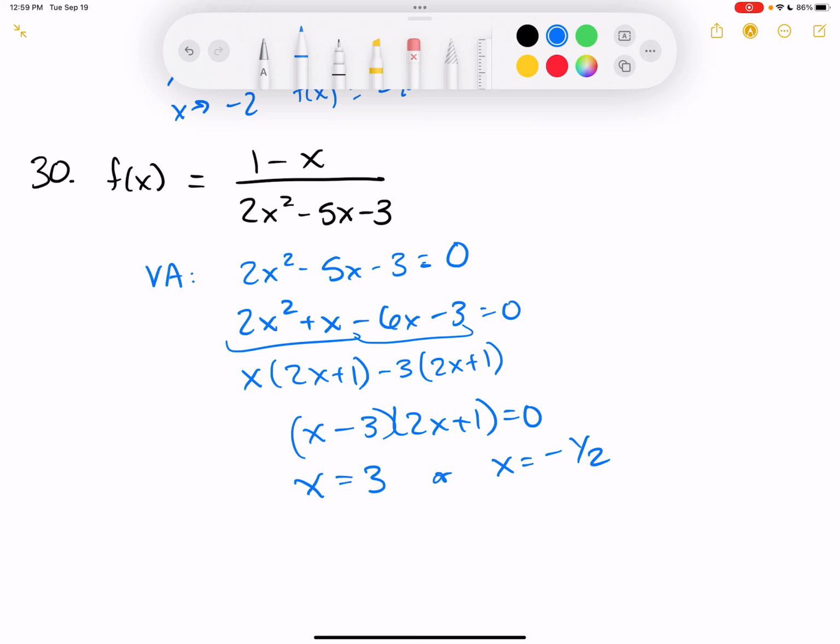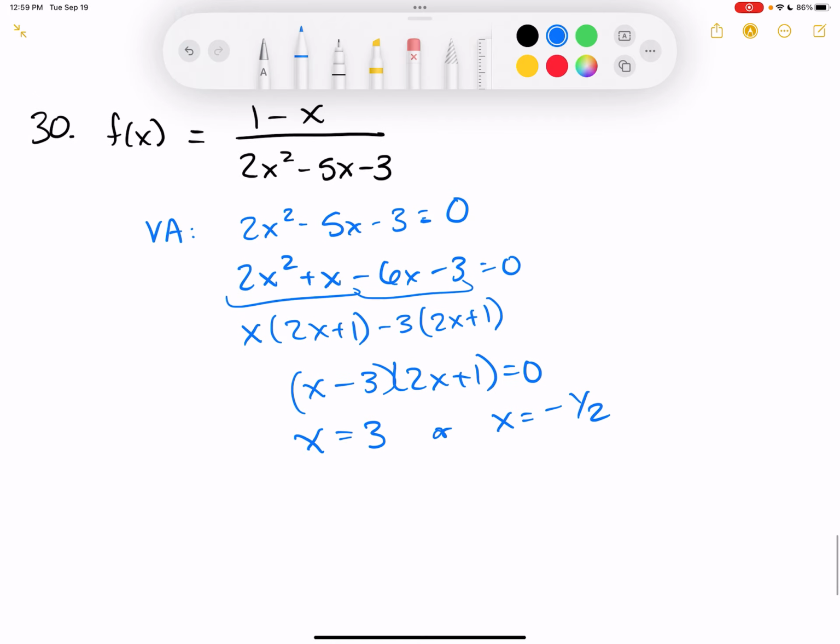So now I have to look at these limits at both of these spots. I'm doing a left hand and a right hand limit at 3 and at -1/2. Probably the best thing to do in this case is just graph it. Since you have multiple, I would graph that function.